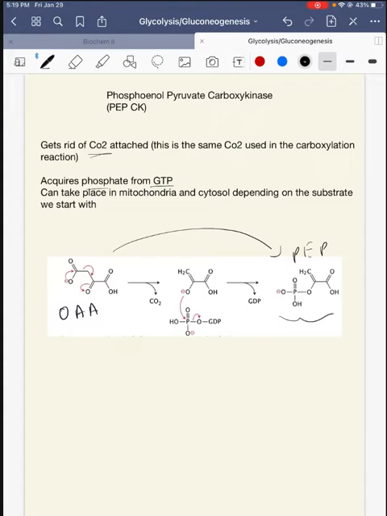This reaction can actually take place in the mitochondria or the cytosol, depending on the substrate you start with. So this is a little complicated, and I have a whole slide on that. But just know that oxaloacetate can go back to PEP either in the mitochondria or in the cytosol, and that depends on what you start with.